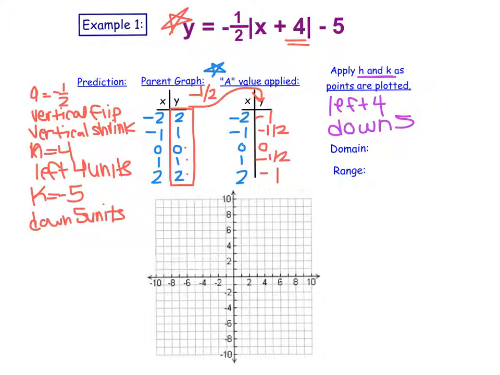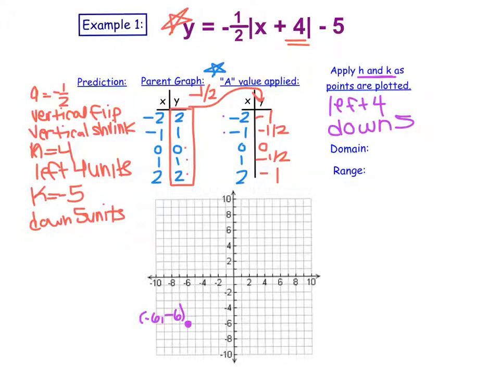So I'm first going to go to x is -2, y is -1, and I'm going to move to the left 1, 2, 3, 4, and down 1, 2, 3, 4, 5. So I can see that that first point is occurring at x equals -6, y equals -6.